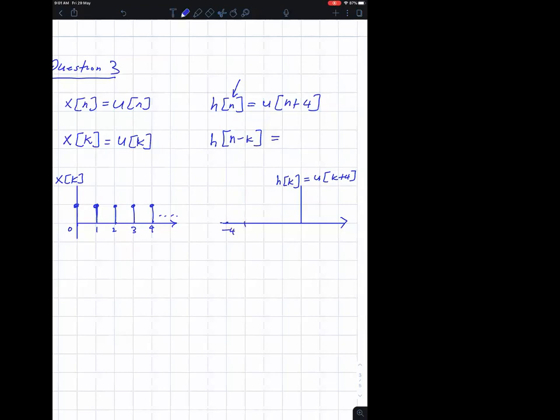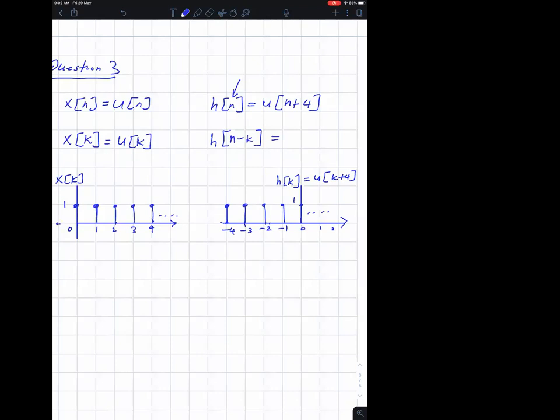Minus 4, minus 3, minus 2, minus 1, 0, 1, 2. So this signal is going to start here. All these signals have amplitude 1, and moving in that direction.